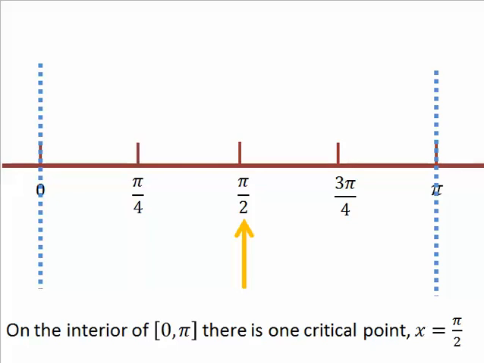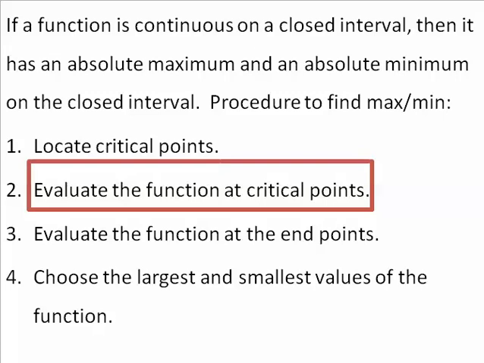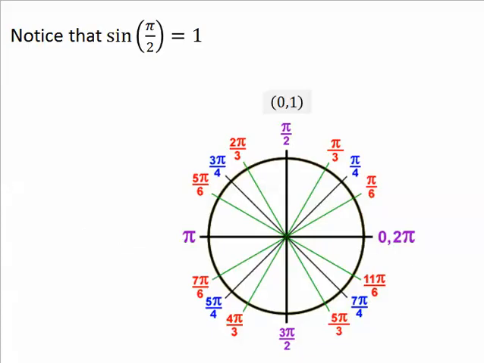Now that we have found our critical point, we next evaluate the function at any critical points we have. We only have one. So we need to evaluate our function at our critical point pi over 2. So now our function is f of x equals sine x quantity squared.